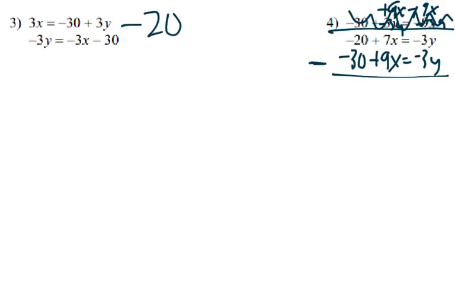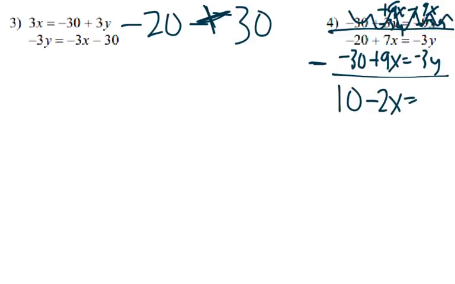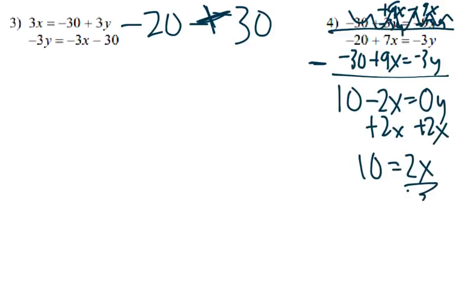If you have to, take the coefficients in the numbers and write them out like this. -20 minus -30. Well, that's really plus, so that would be a positive 10. Okay, 7 minus 9 would be a -2x. -3 minus -3, 0y. So we add the 2x to both sides. We get 10 equals 2x, divide by 2, and 5 equals x.